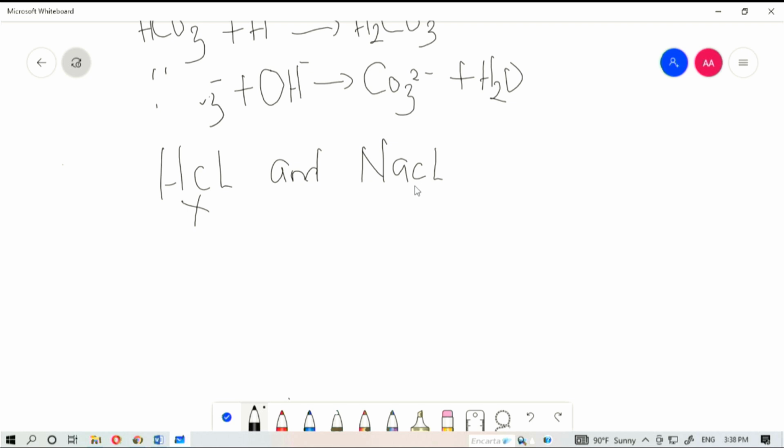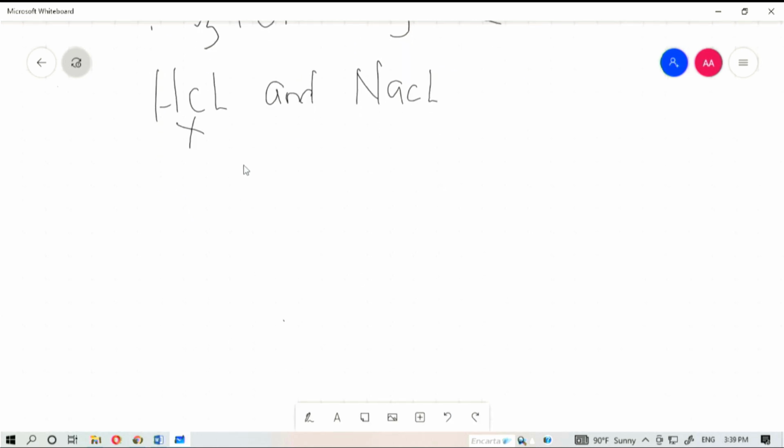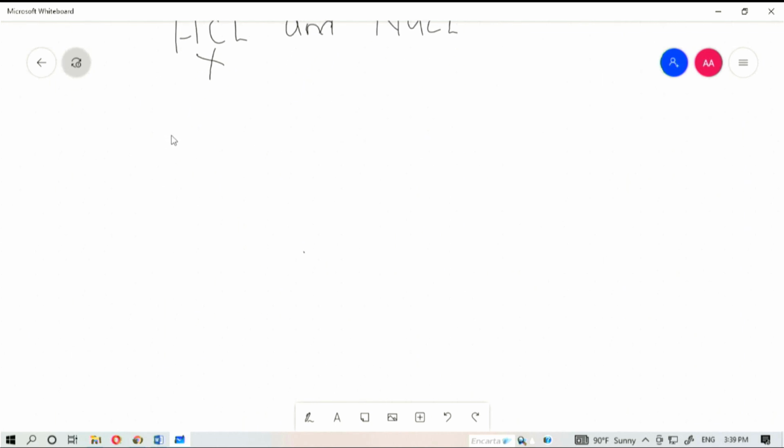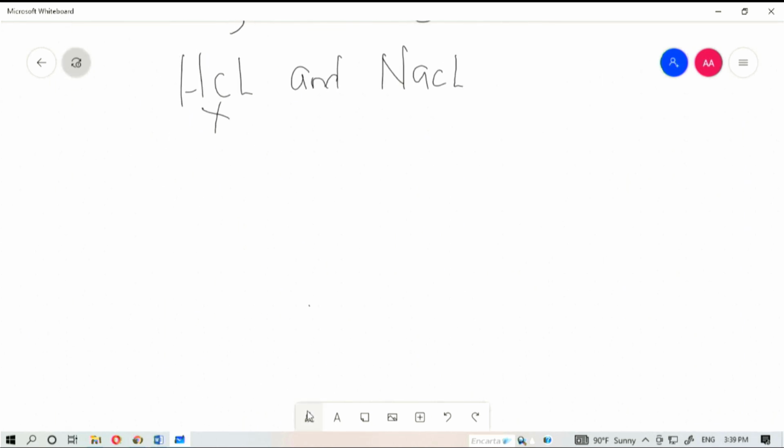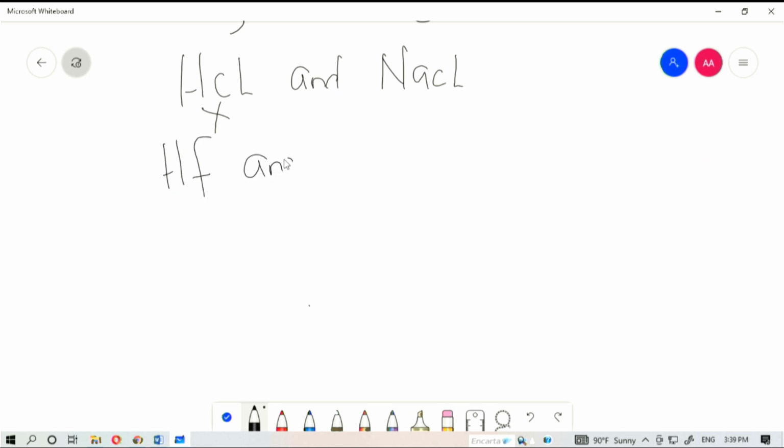Another good example is we have HF and KF. Now here, this HF is a weak acid, and this KF will give us K plus and F minus.